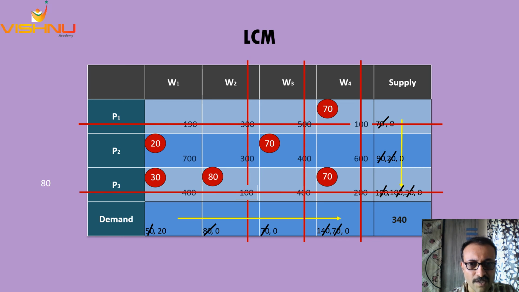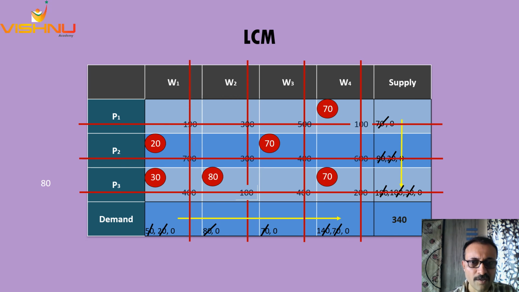So we allocate 20 here, reduce both the totals by 20, bring them down both to 0, and we strike off the column as well as the row. Now this is the final allotment according to this particular method, that is the LCM method, right? Now once this allotment is done, what is the total cost incurred by this particular company according to this particular method?